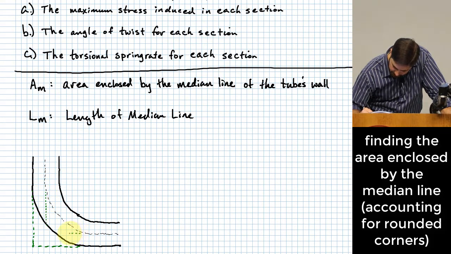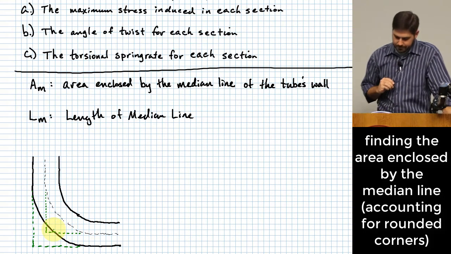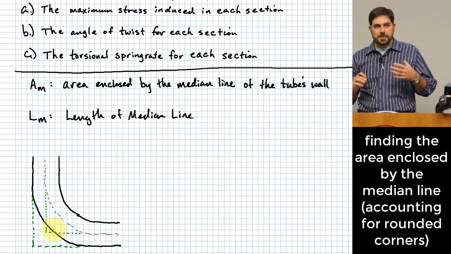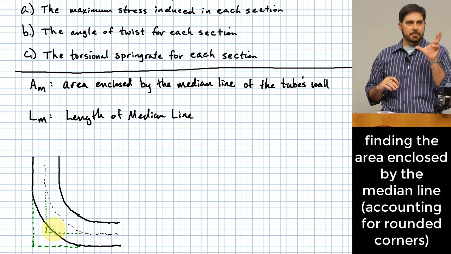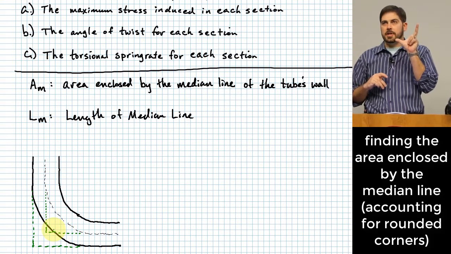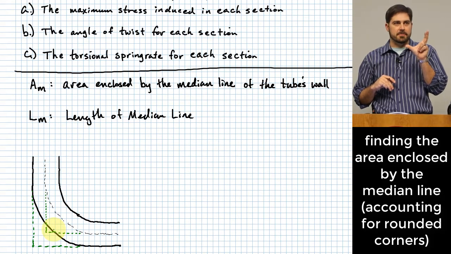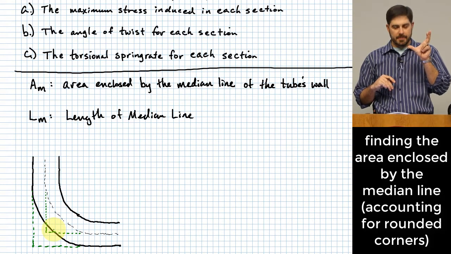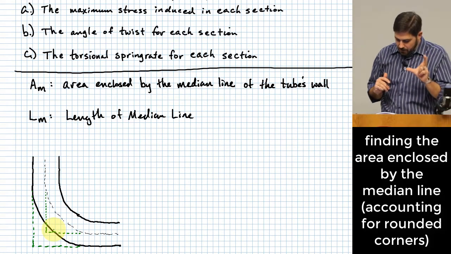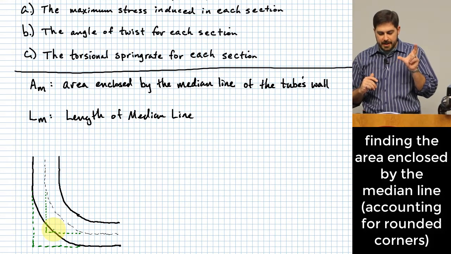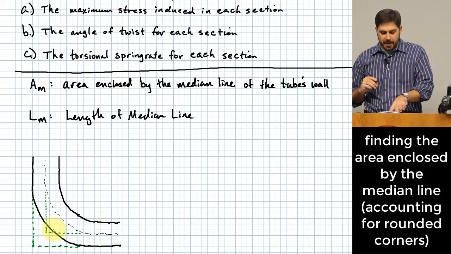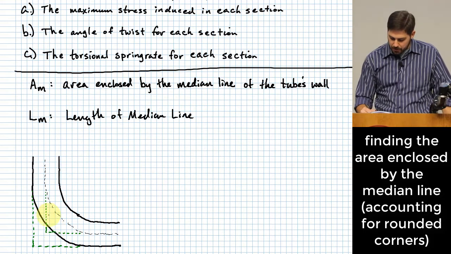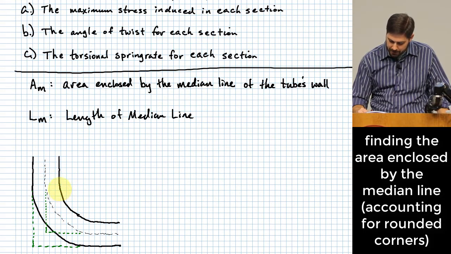This one would come over like this, right? And so it matters that these corners are rounded a little bit because that's going to change how much area is bounded by that median line. Okay? Well, let me do this. What if we were finding the area bounded by the line if these corners were super square like this one?